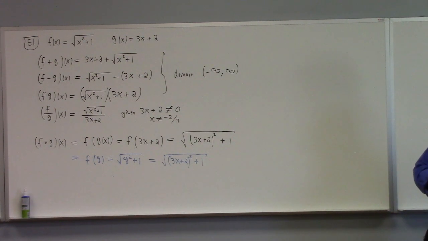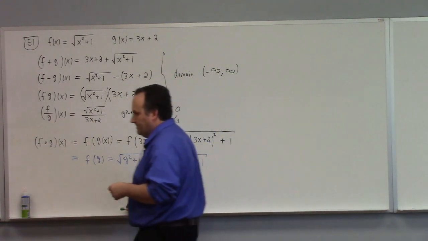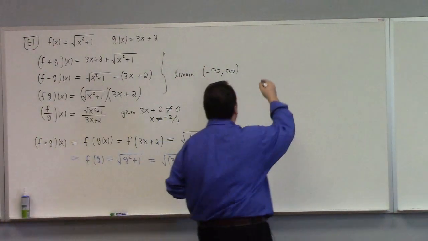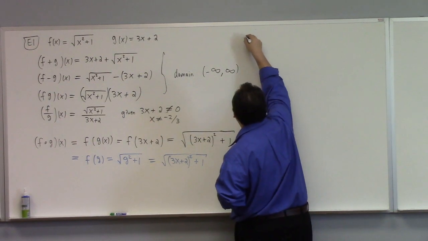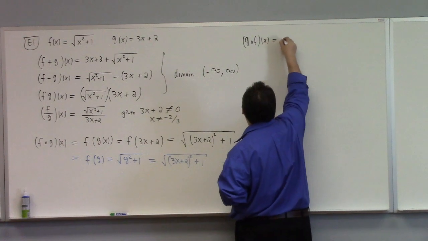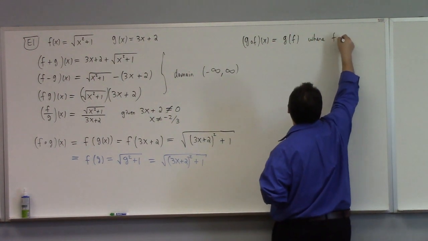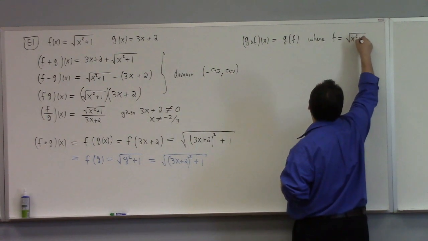What happens if we compose it the other way? What's g composed with f? So I can think about this as g of f, where f is equal to the square root of x squared plus 1, right?